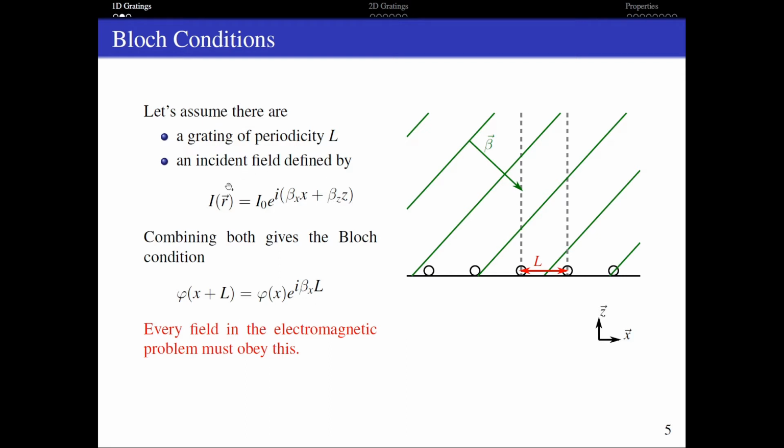When you apply this formula at x plus L compared to at x, we get what are called the Bloch conditions.